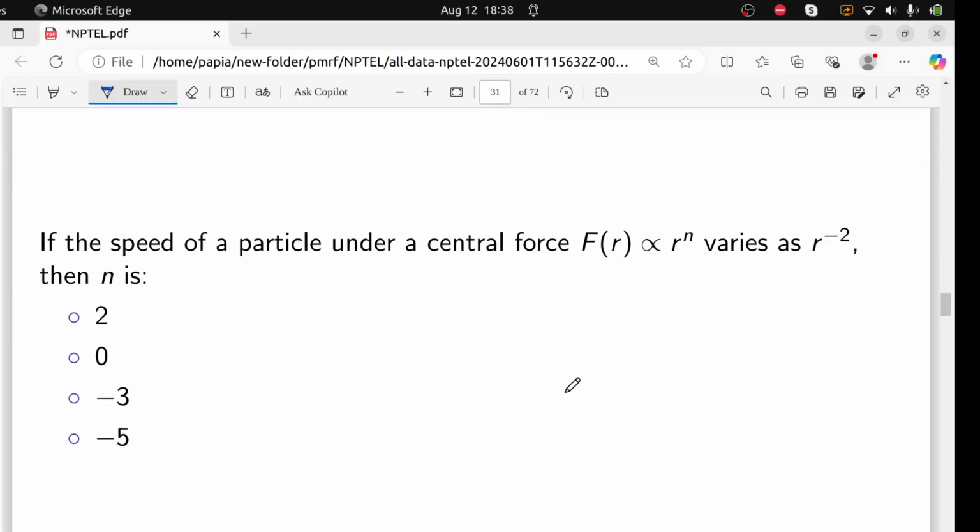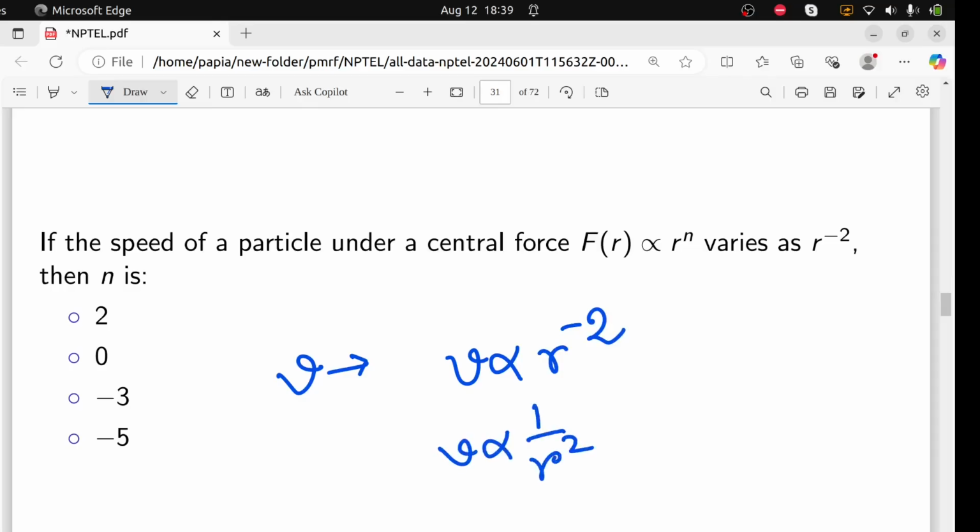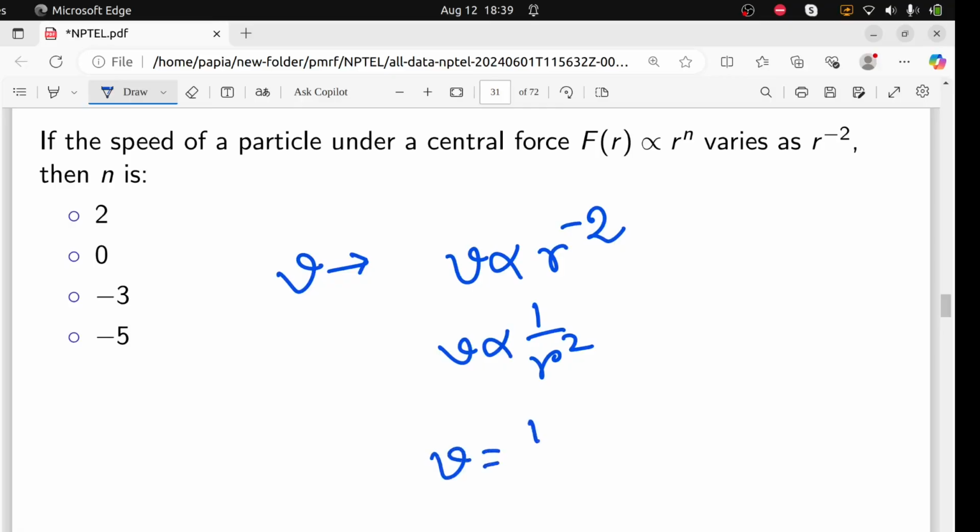So what is the question saying here? The speed, v, is given, and v is proportional to r to the power minus 2. So I can also simply write it as k by r squared, where k is a constant. If the speed of a particle under a central force F proportional to r to the power n varies as r to the power minus 2, then what is n?